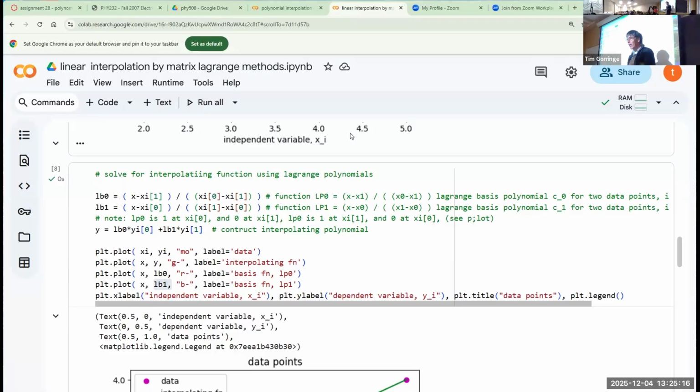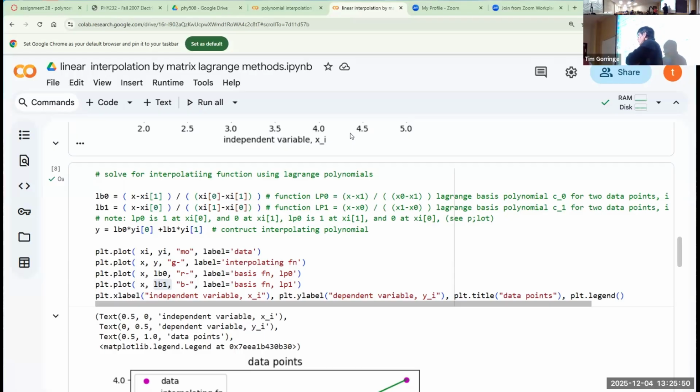But obviously, if you had 100 data points, you don't want to be calculating your own Lagrange basis polynomials. So that's the reason that, after 2, 3, 4 data points, you'd be using the Lagrange function to find your interpolating polynomial. You could also be using your matrix algebra, but again, you'd have to construct the Vandermonde matrix, and that gets laborious if you've got a lot of data points.